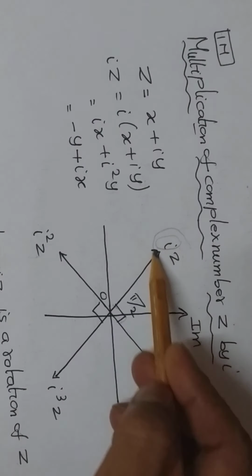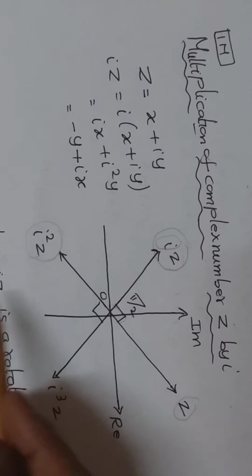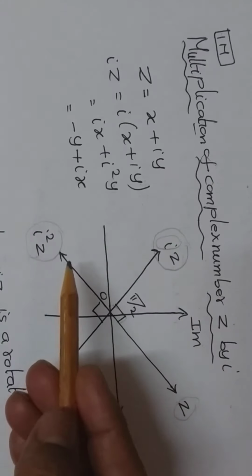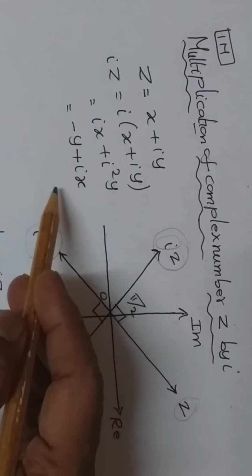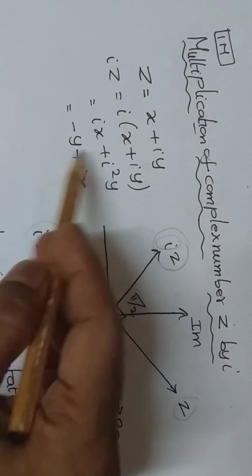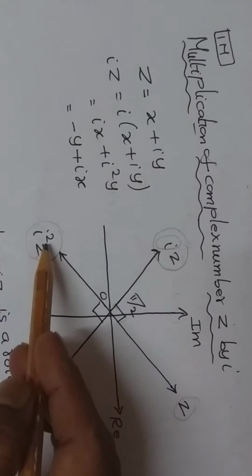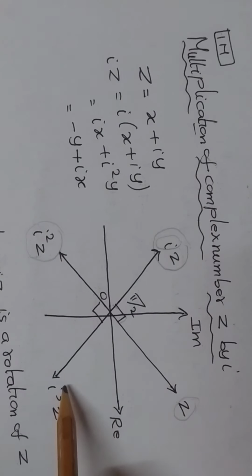Again, if this iz is multiplied by i, it becomes i squared z, then it comes in the third quadrant. Again I am multiplying with i, and then negative x, negative y will come. Next again i squared z is multiplied with i to give i cube z, it comes in the fourth quadrant.